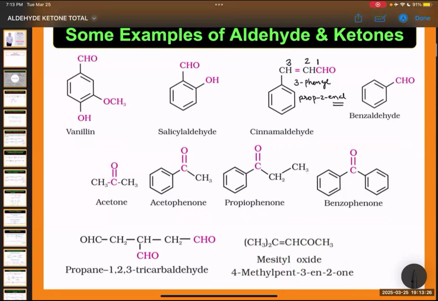Similarly, you can see what this is: propane-1,2,3-tricarbaldehyde.